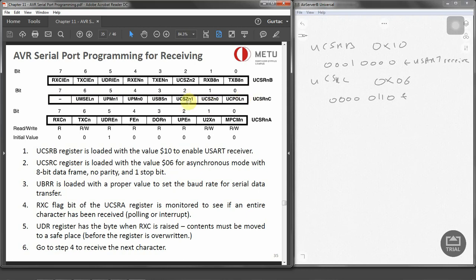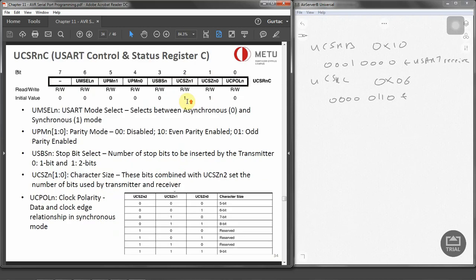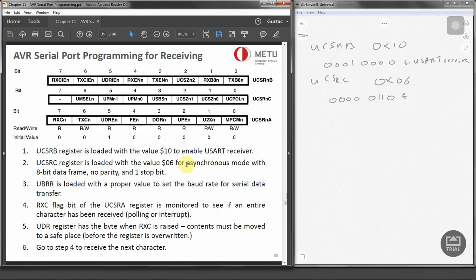So UCSZ1 and UCSZ0 both 1 is going to give us an 8-bit transfer. Okay, so asynchronous, 8-bit, no parity and 1 stop bit.